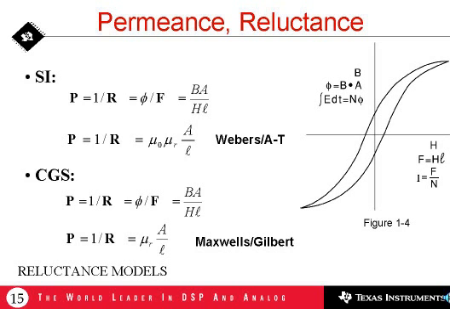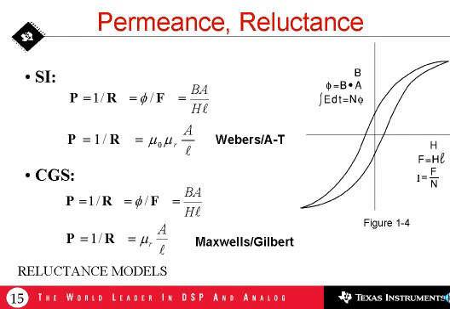If we now multiply the flux density by the area of a specific core and multiply the field intensity by the magnetic path length of that same core, we now have the axes flux, total flux phi, versus total magnetic force F. And the slope defined on this set of axes is what is called permeance. Permeance equals flux over force.